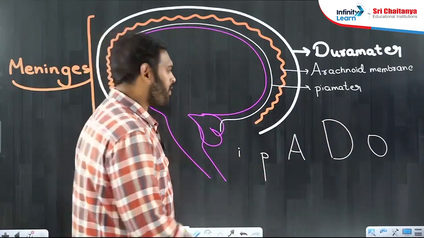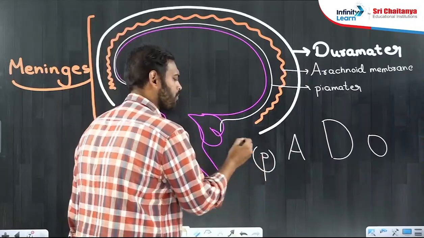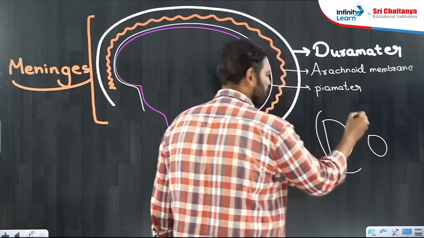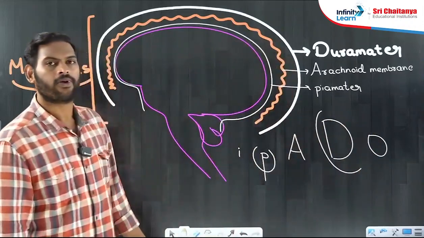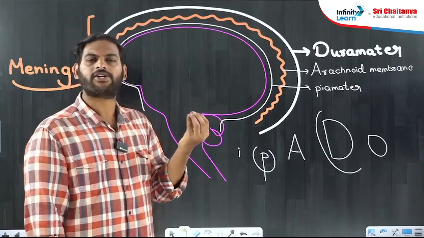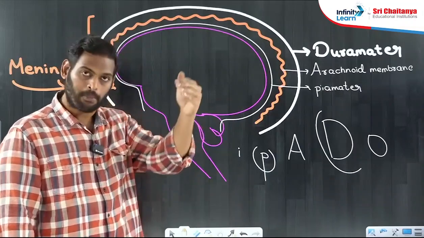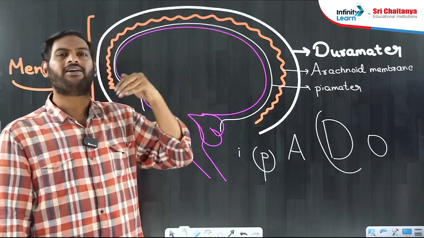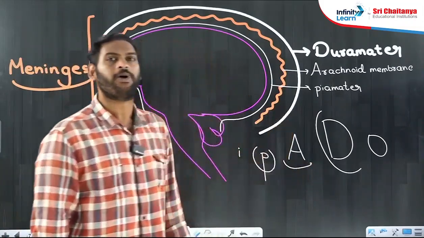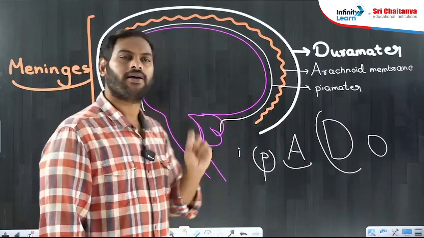The innermost meninge is pia mater. The outermost meninge is dura mater. And the meninge which has a spider's web-like appearance and was found below dura mater, above pia mater, was the arachnoid membrane. Which meninge touches the brain?